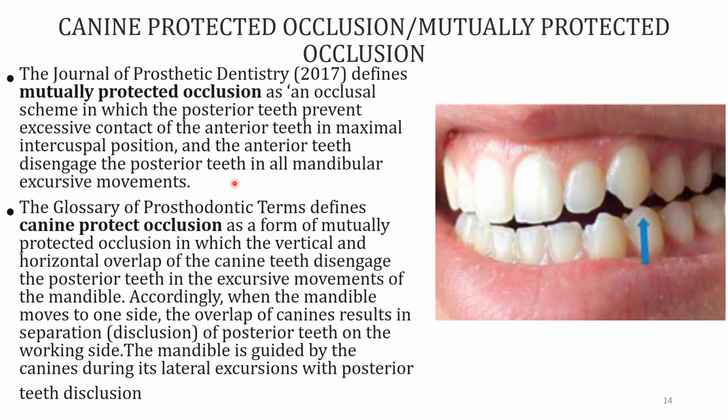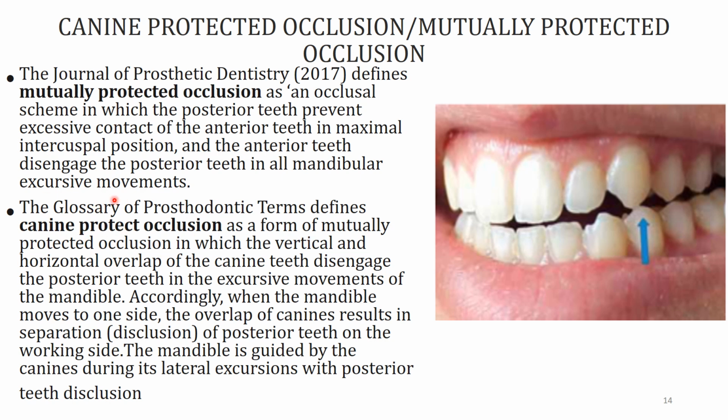So when the posterior teeth prevent any excessive contact of the anterior teeth in the intercuspal position, and the anterior teeth disengage the posterior teeth in any side to side, lateral, or eccentric movements, that is what is known as the mutually protected occlusion.